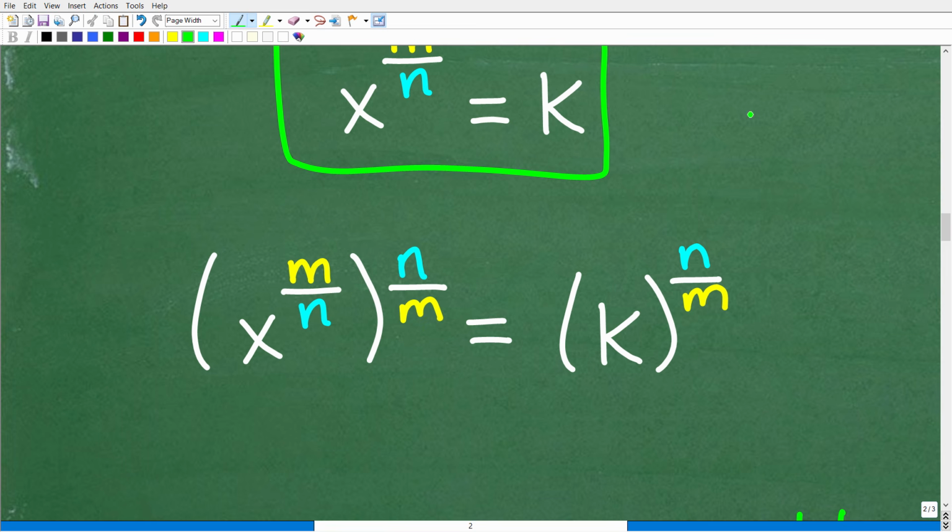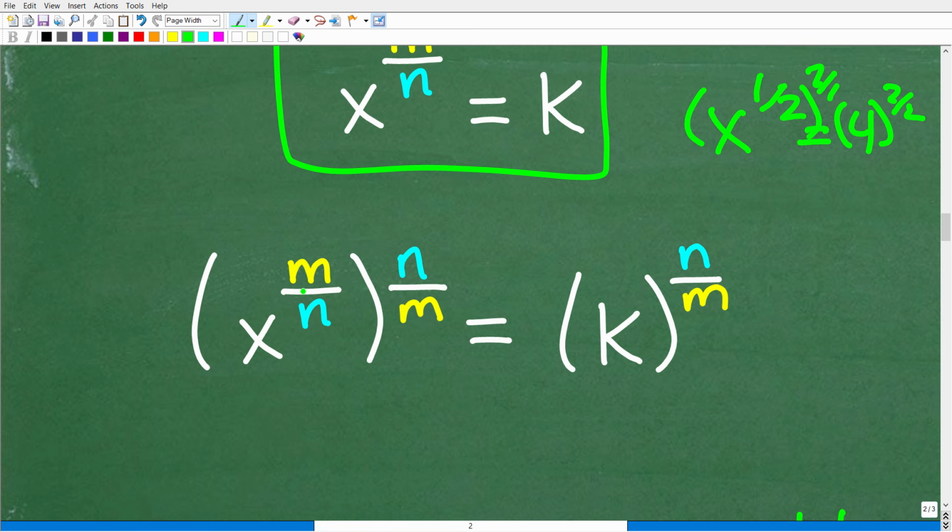So whatever that rational exponent is, x to the 1 over 2 power is equal to 4, we're going to flip this fraction, this m over n, the reciprocal, so that's going to be 2 over 1 or 2, and we're going to raise both sides of the equation to the reciprocal of that power. Okay, so hopefully that makes sense.